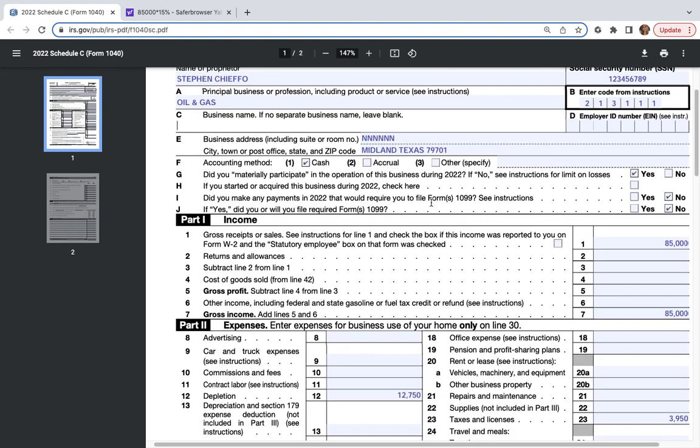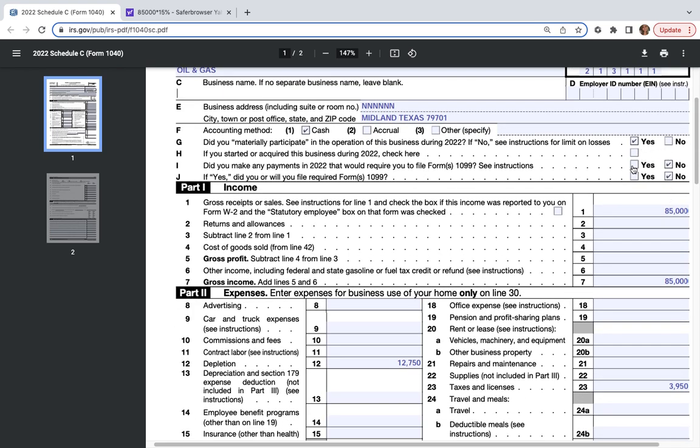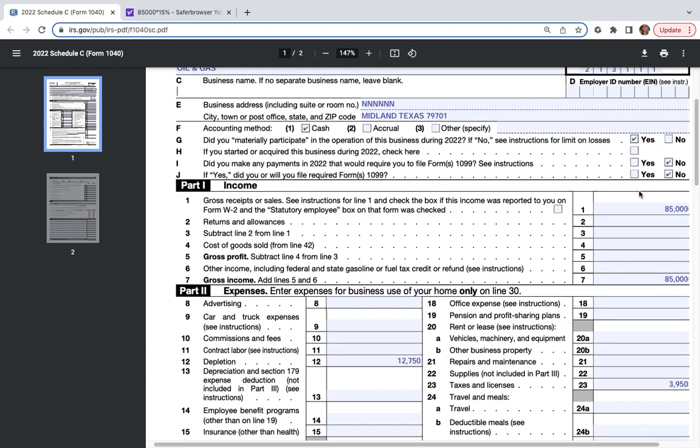You enter your address. If you had material participation, you enter yes. If you had to issue 1099s, enter yes. I recommend that you always issue the 1099s if you had a filing requirement, because there are penalties if you don't.